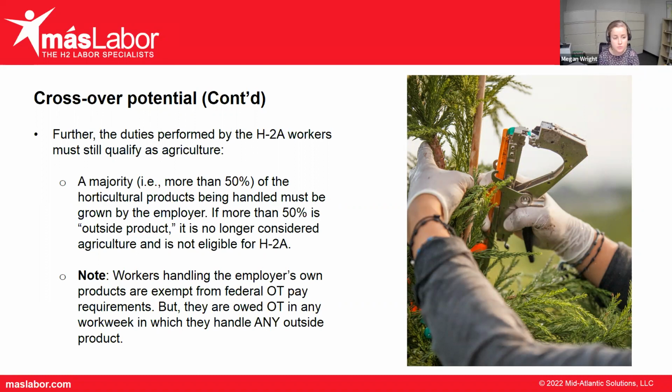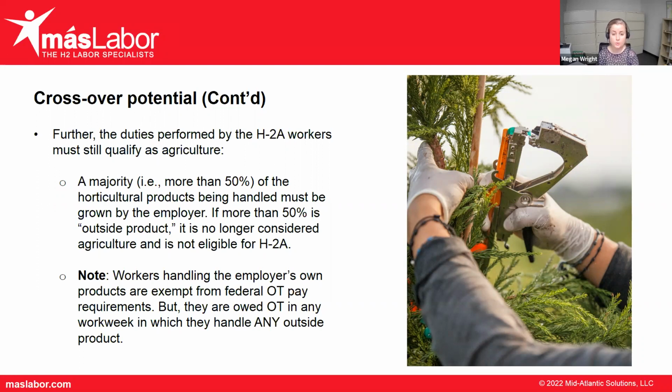And again, to meet those requirements, a majority, meaning more than 50% of the horticultural products being handled must be grown by the employer. If more than 50% is considered outside product, again, meaning not grown to maturity by the employer, it is no longer considered agricultural in nature and therefore not eligible for H-2A.